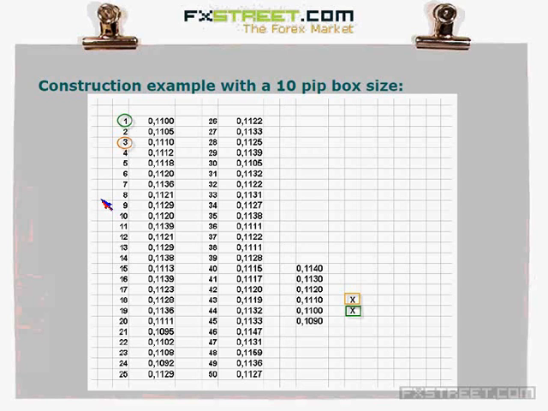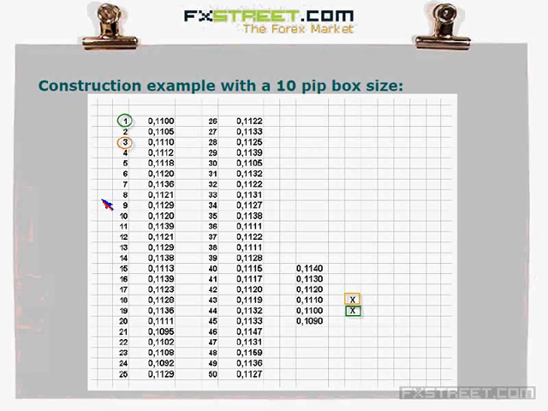To answer the question, Brad Maker, how do you determine the box size for each pair over different time frames and volatility? This is a good question. This is a bit more advanced question, but in Forex trading, usually the box size is measured in 10, 20, and 30 pip increments in the majors.